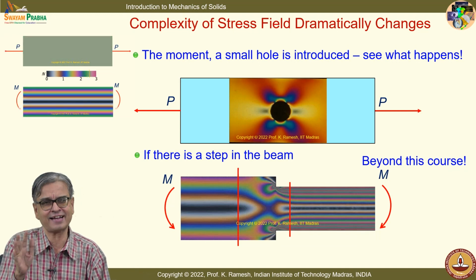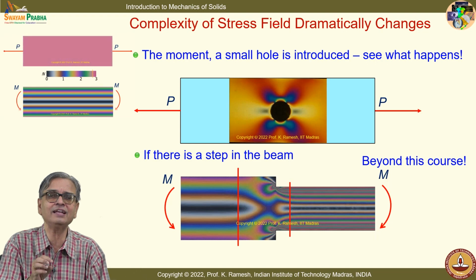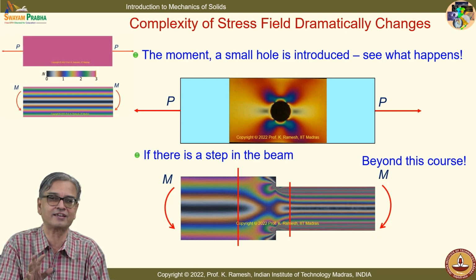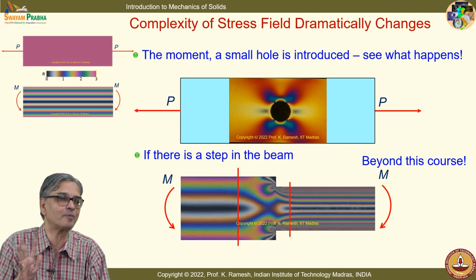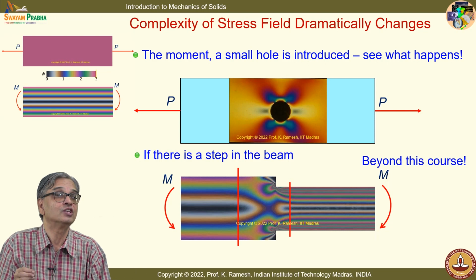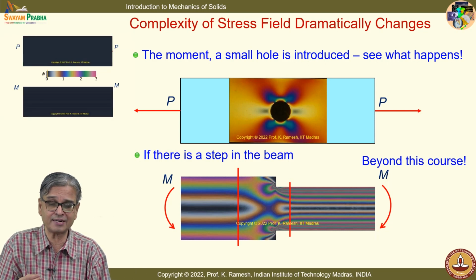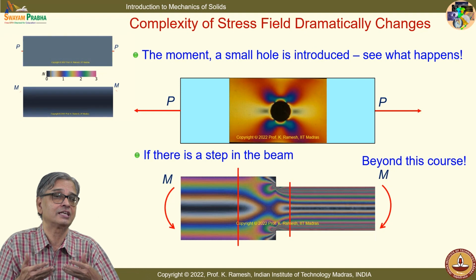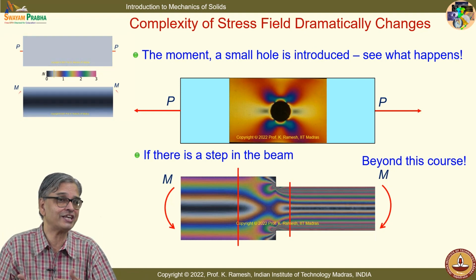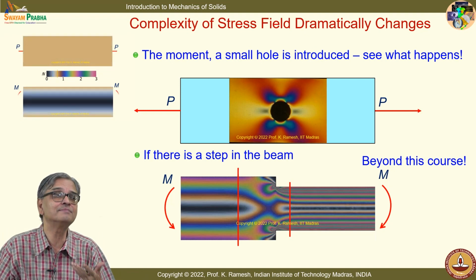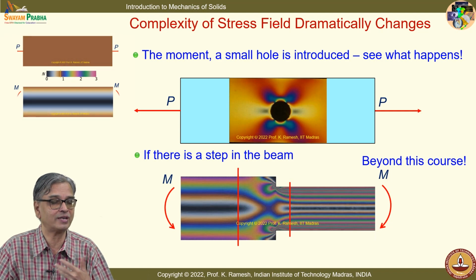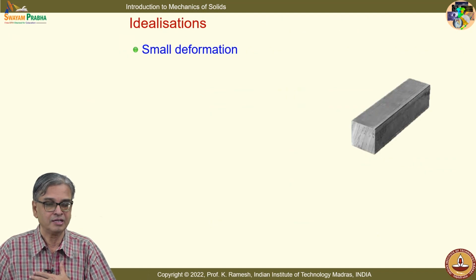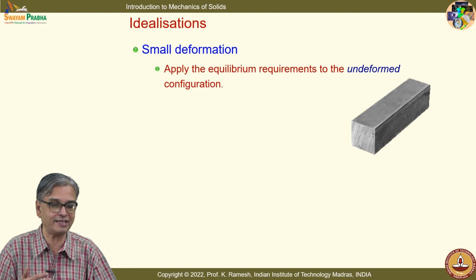That is how engineers handle it. They will handle it with a correction factor or a stress concentration factor and wriggle out of the complex problem. So, even to understand that a beam will resist with a triangular variation was not a simple thing to visualize. So, now let us look at the idealizations.